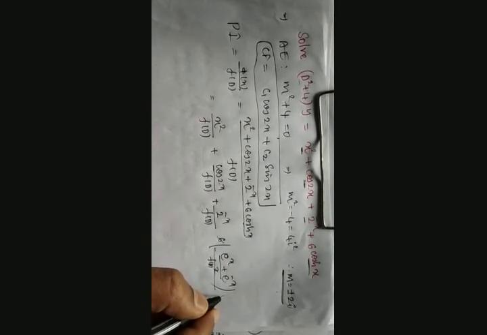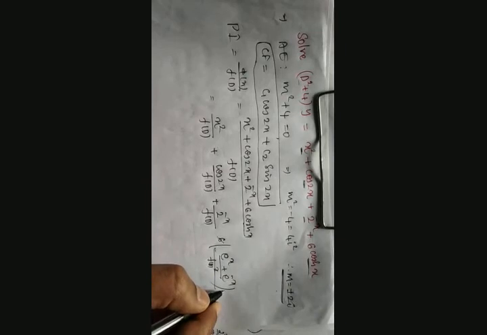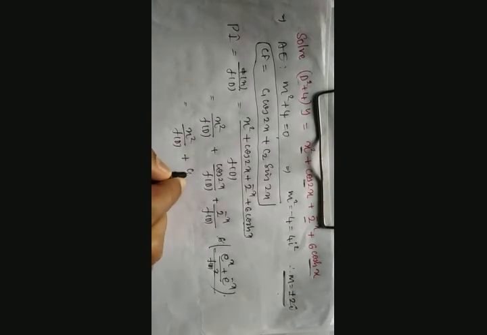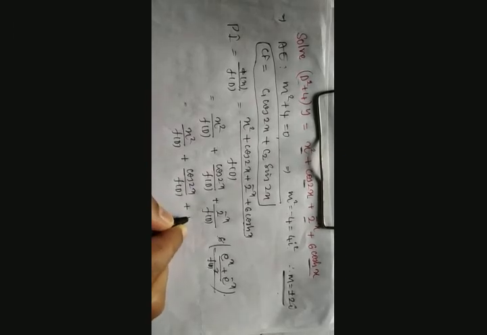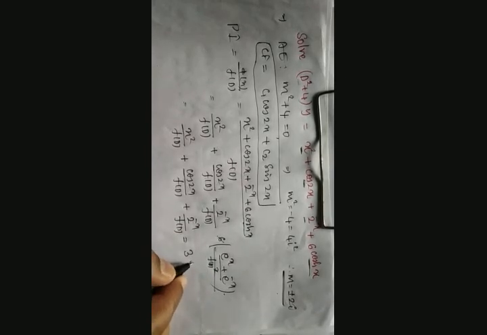Okay, so here we will be getting, I'll take it once again, x square divided by f of D plus cos 2x divided by f of D plus 2 raised to minus x divided by f of D plus 3 into e raised to x divided by f of D plus 3 into e raised to minus x divided by f of D.